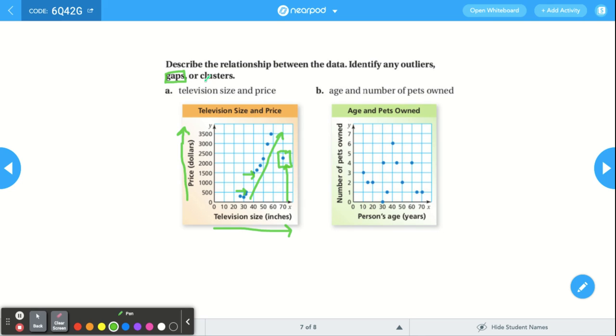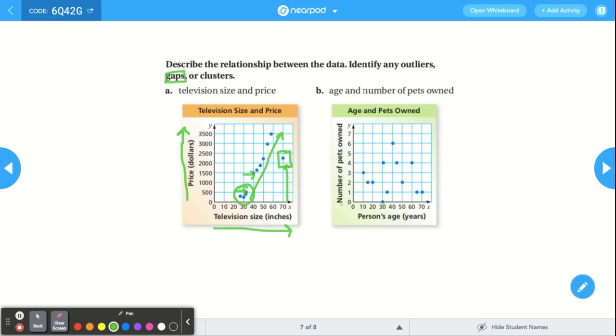And then clusters. Clusters would be something where you see a lot of dots close to one another. Typically, if you see a group or a cluster, it's a good indication that there is some sort of relationship between the x and the y values, or whatever two things you're comparing. So I noticed that there's actually a cluster of information here where it looks like maybe four dots are located in this section.